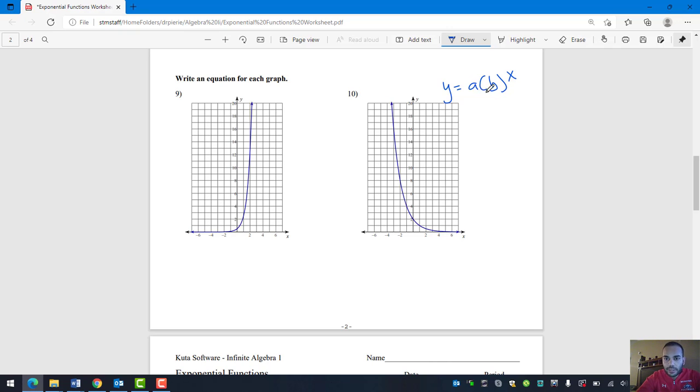Okay, so here's our job. We got to figure out what a is and what b is. We can figure out what a and b is by looking at the points on this graph. Whenever I'm looking at this graph, my eyes are immediately drawn to the easiest points to recognize. So the first point on this graph that my eyes go to is right here.